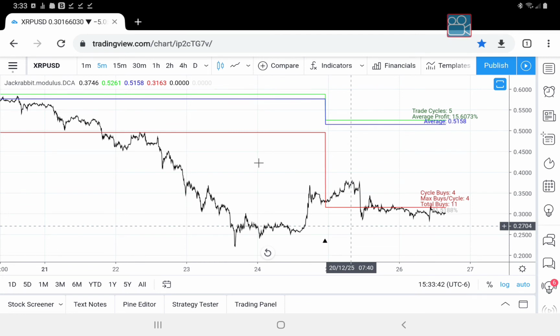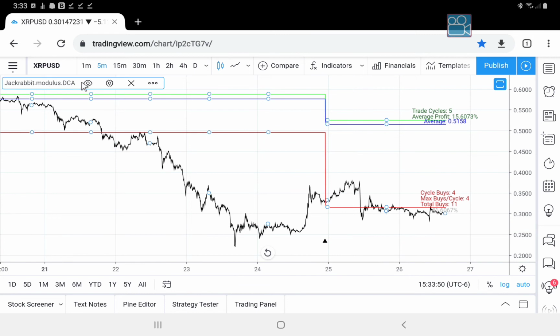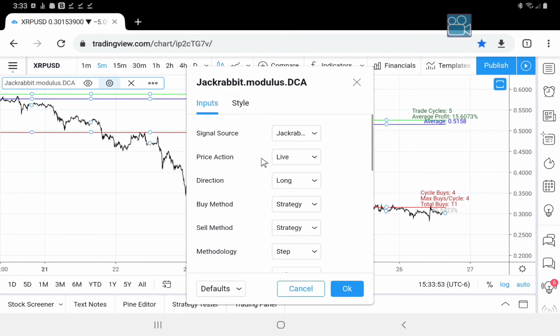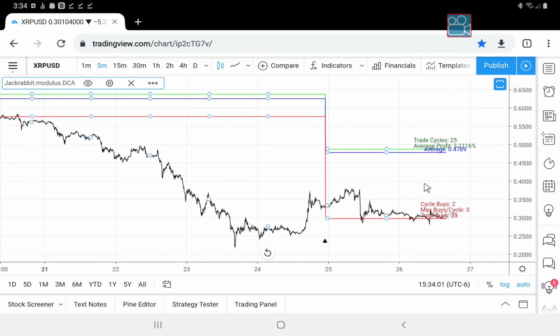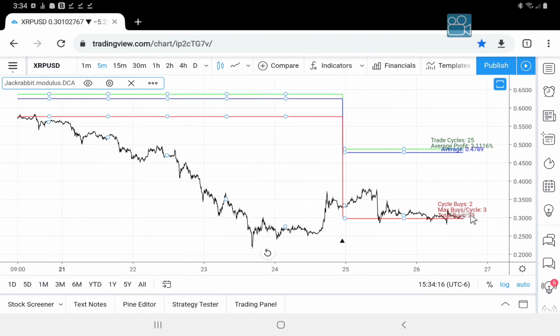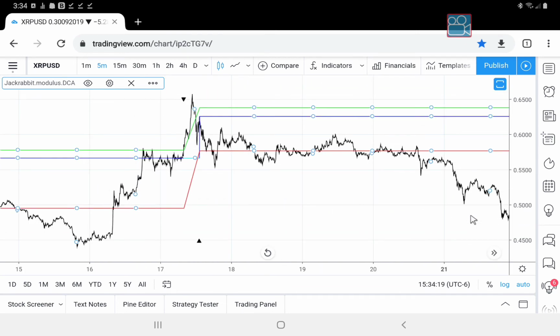Not bad, but I personally don't like the amount of exposure that XRP would have. So I would personally be more inclined, and in fact I do in my own personal trading, nearly double the amount and 50% profit. Not as much profit, but not as much exposure and much faster trade-offs.